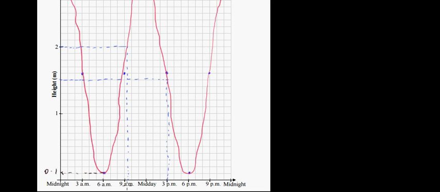So that's about half 9, 9:30 to 3 p.m. Now if the graph was drawn a little bit more accurately, maybe it would be different, I'm not too sure exactly, but we're really just looking here at let's say 9:30 a.m. and we're going up to 3 p.m. So that's going to be, let's see, 9:30, 10, 11, 12, 1, 2, that's 5 hours 30 minutes.